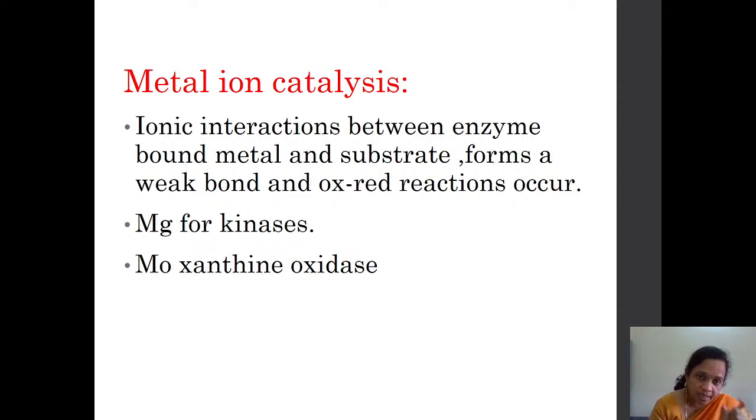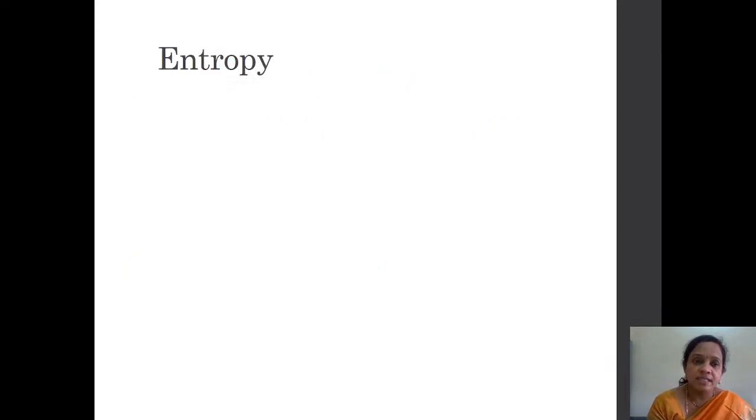This metal ion will form a bond with the substrate, and that weak bond will help in decreasing the activation energy. The examples are magnesium used for kinase reactions and molybdenum used for xanthine oxidase. All the metals used in reactions use the method of metal ion catalysis.